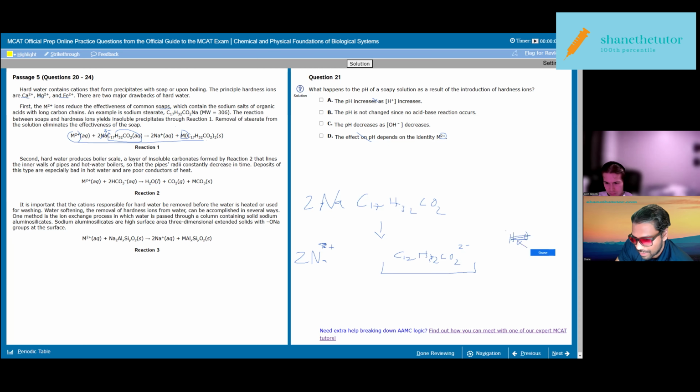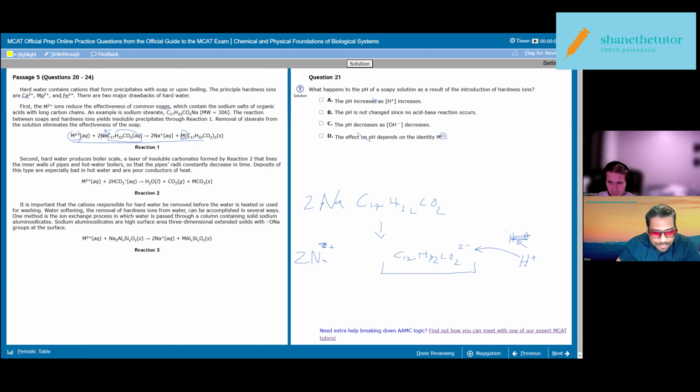Or rather, let's say we have H pluses in solution. It will take those H pluses, causing a decrease in the amount of H plus, which would mean an increase in pH, normally. But now if we're using the hardness thing, it doesn't let this stay negatively charged.